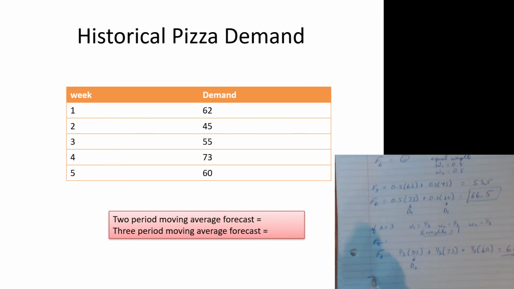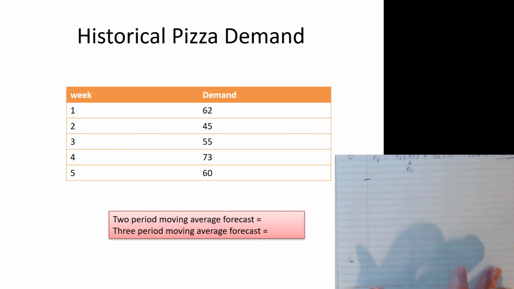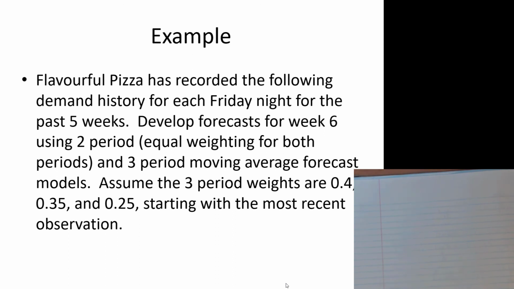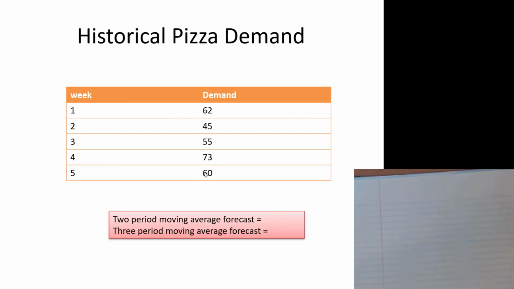So not difficult at all. Now, reading along here, we see the question. Assume the 3-period weights are 0.4, 0.35, 0.25, starting with the most recent observation. Okay, so let's see what we got here. Starting with the most recent observation would be week 5. So let's just write out the weights, and I'll try not to use subscripts too much.